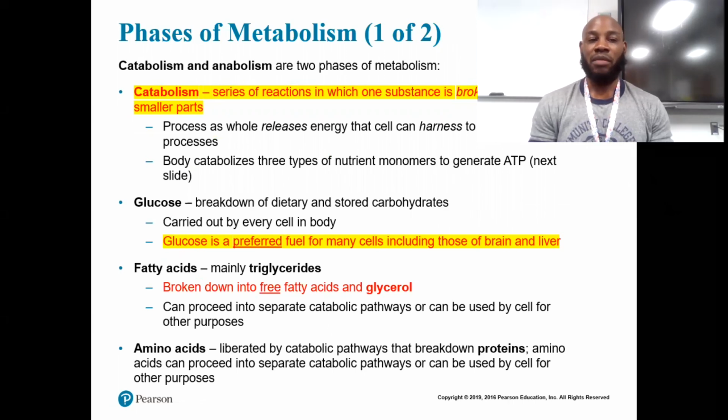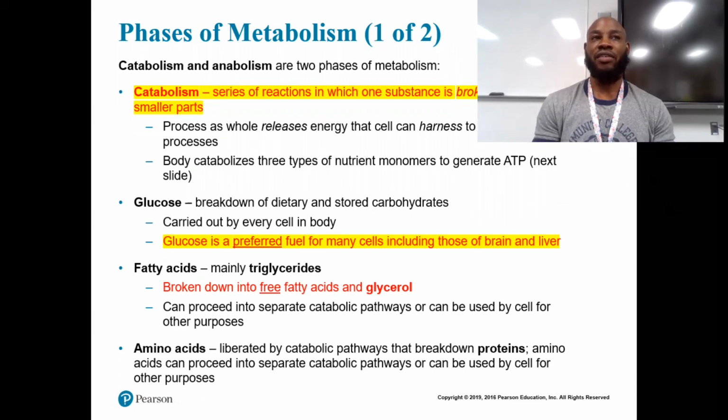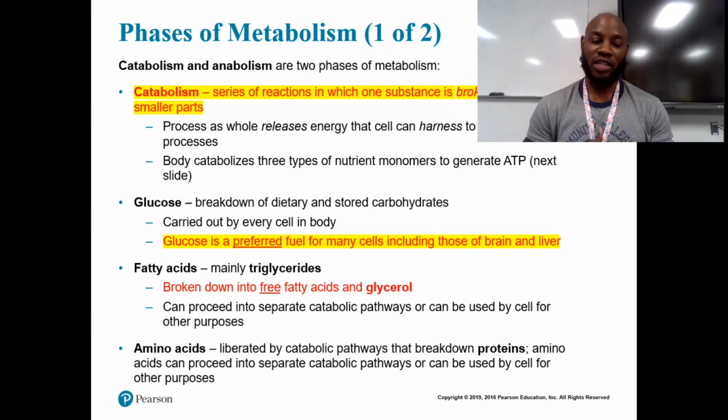You can also catabolize fatty acids. The fat that we eat, triglycerides, can be broken down into 3 fatty acids and a glycerol, and then proceed down the pathway to be used as energy. There's a lot of energy in fat. Many of us have too much fat, but fat is a good thing.